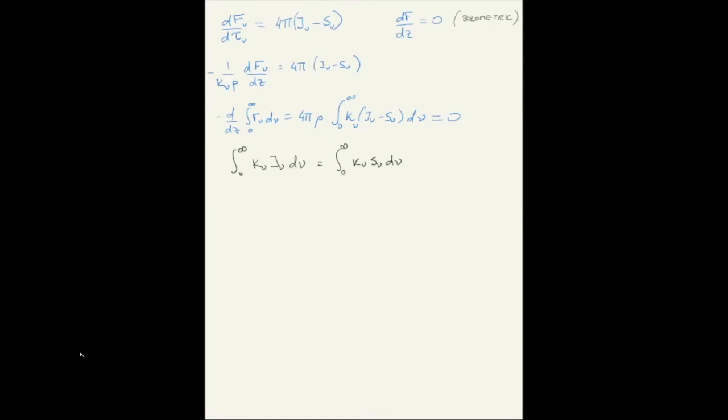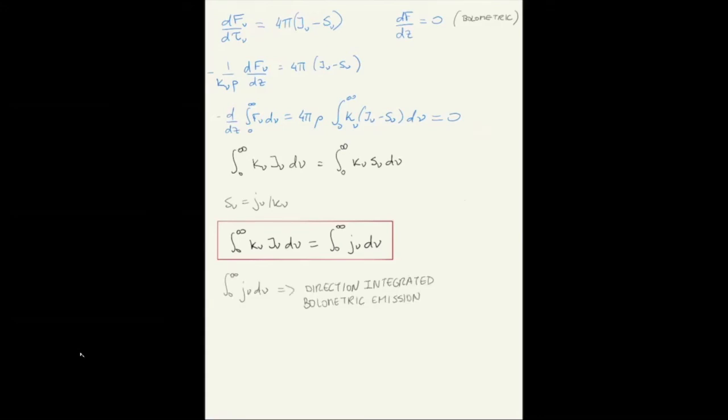Now, if you recall the definition of the source function, which is the emission over the absorption, the emissivity over the opacity, we can rewrite this equation then as, this is an interesting result. The right-hand side is the direction integrated volumetric emission.